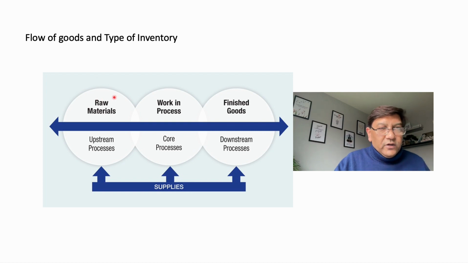So if you don't need to store 1000 and you now only need to store 200, you need a smaller warehouse, which is going to reduce the cost of keeping the inventory at the stage of keeping raw material.